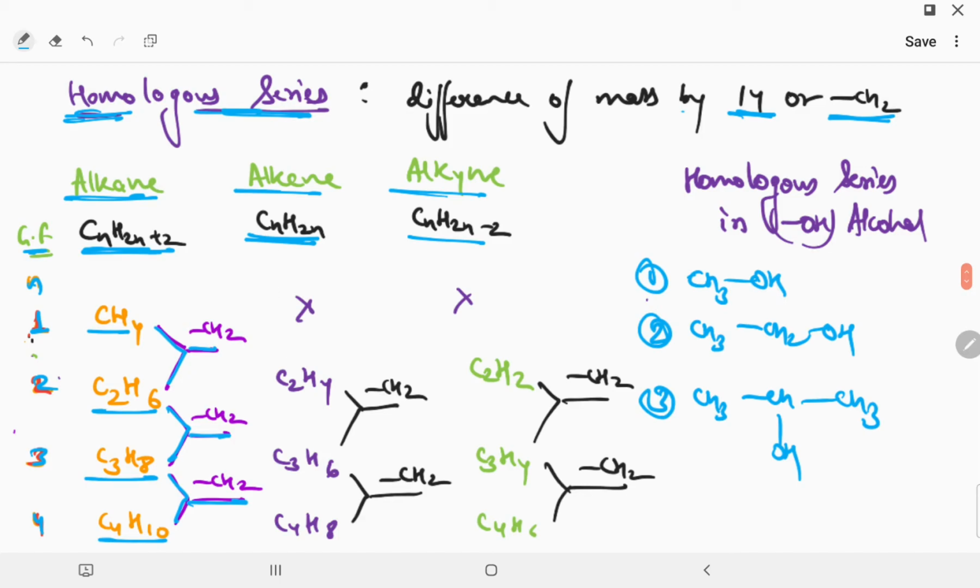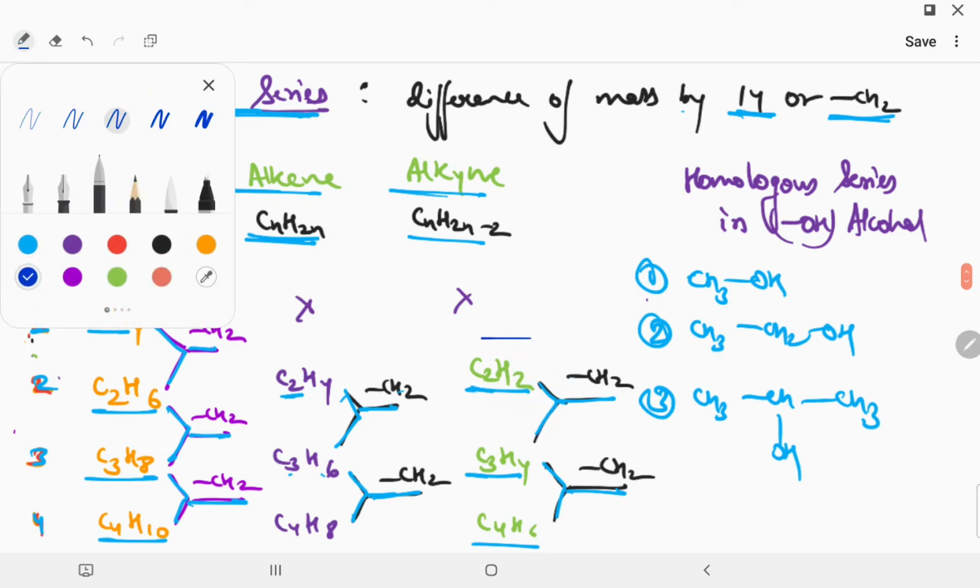The minimum carbon for alkene and alkyne is 2 carbons. Similarly, C2H4, C3H6, C4H8, the difference is CH2, so this series is also called a homologous series. Now for alkyne, C2H2, C3H4, C4H6, the difference is CH2, so this series is also called a homologous series.